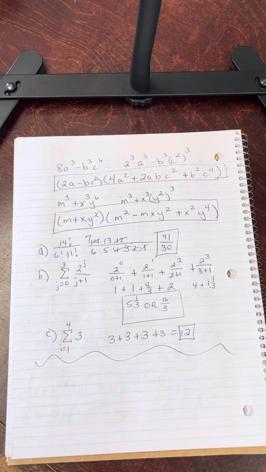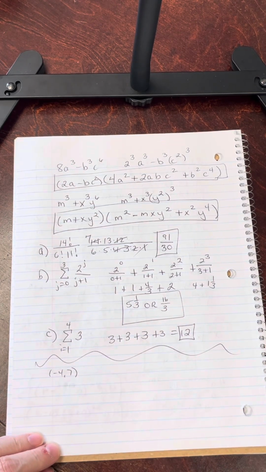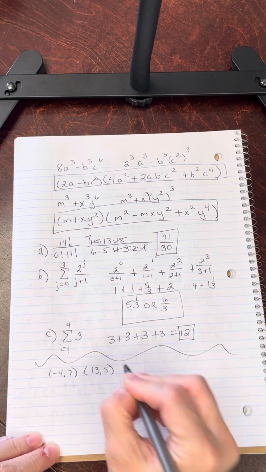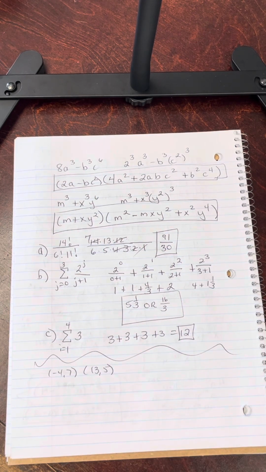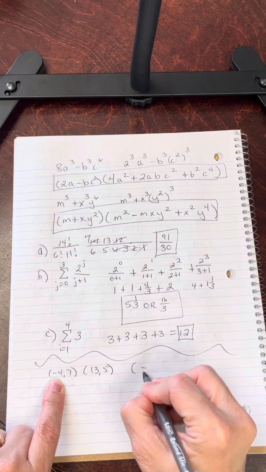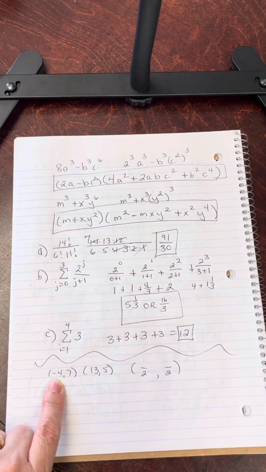So example 1, find the coordinate of the point halfway between -4 and 7 and 13 and 5. When it wants halfway between, that's like finding the average of. So we're going to add the x's and take half, and then we're going to add the y's and take half, and that will give us our middle point.